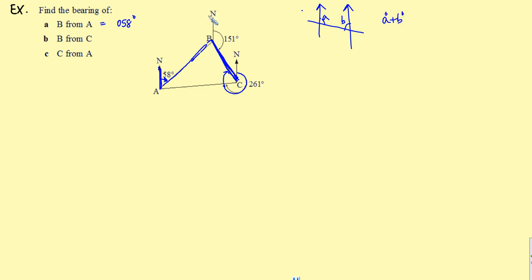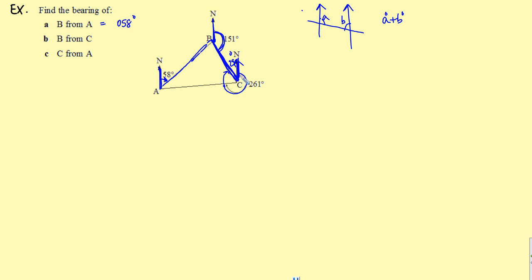So if we take a look at these parallel lines, the 2 parallel lines being the north lines, if I know that the angle internally here is 151 degrees, then the angle internally here would have to be 180 minus 151, which would give us a 29-degree angle. So I know that that's 29 degrees.